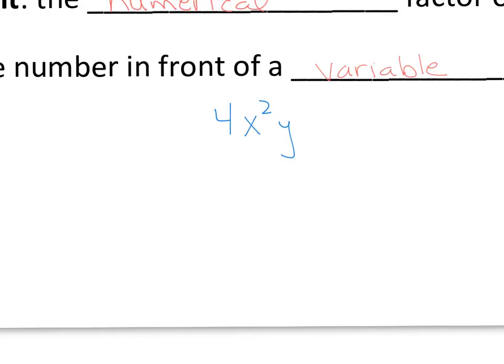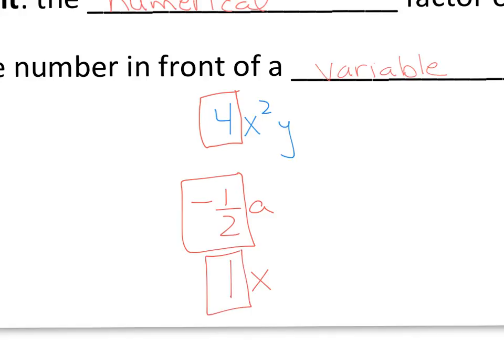It doesn't matter if there are exponents. There's allowed to be exponents. That's okay. But the numerical factor or the coefficient is 4. If I have like negative 1/2 a, your coefficient would be negative 1/2. If I just put x, well, since I didn't write any number, we always know that there's a 1 in front of any letter, so my coefficient here would be 1. Okay, so coefficient, number in front of a letter.